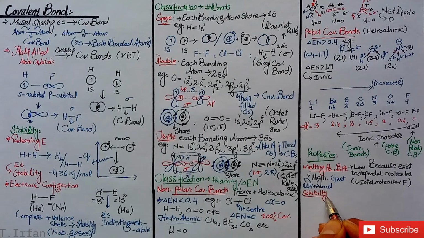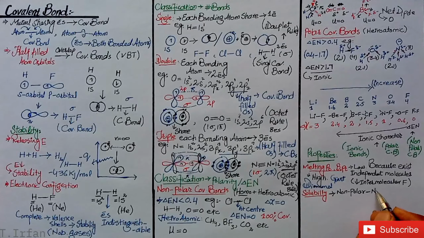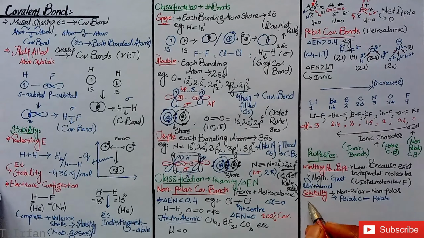Non-polar covalent compounds are soluble in non-polar covalent compounds like ether, petrol, benzene. These are soluble in each other. And polar covalent compounds are soluble in polar covalent compounds; for example, water and alcohol are soluble in each other.